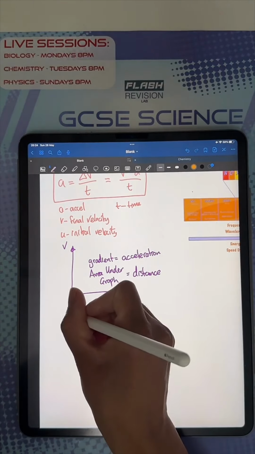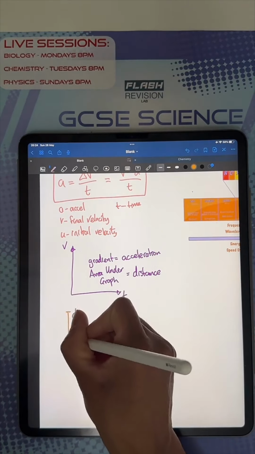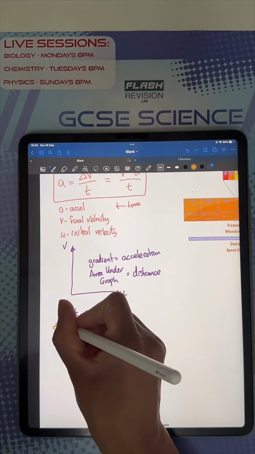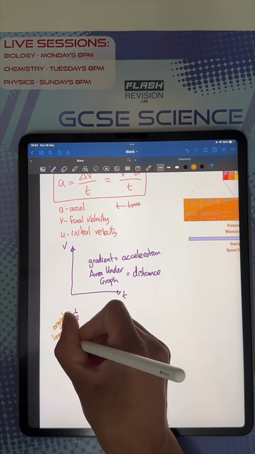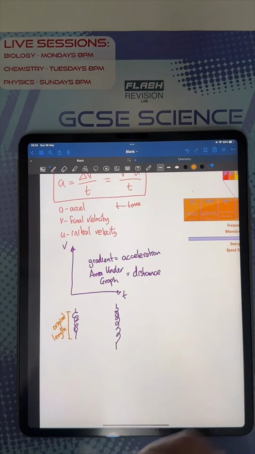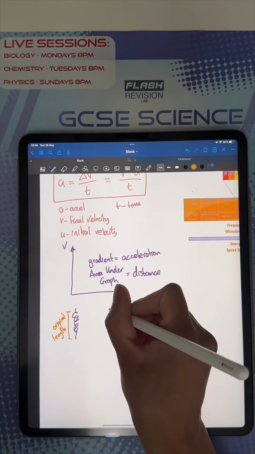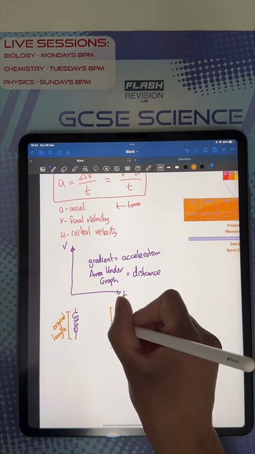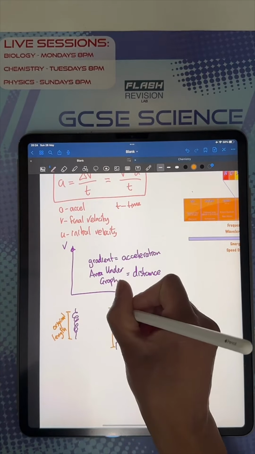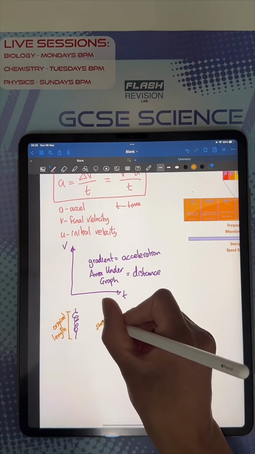So the distance from here to here, we'll say, is the original length. Next bit, you need to be careful because you've got two lengths here. The extension is not the full length of the spring like before. This is the stretched length.